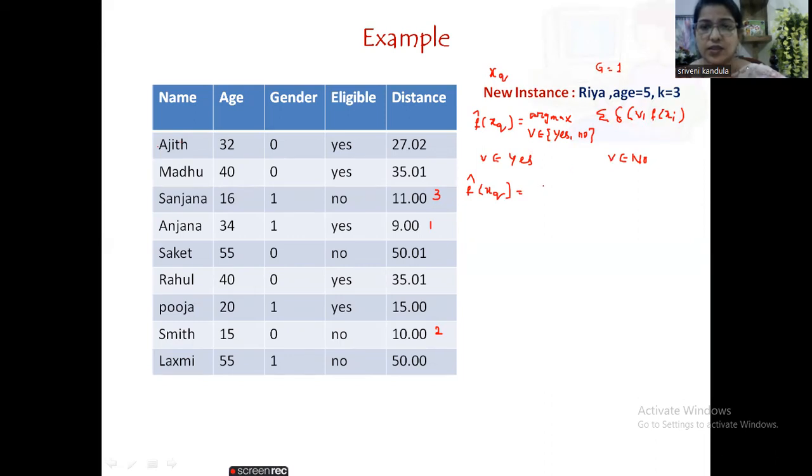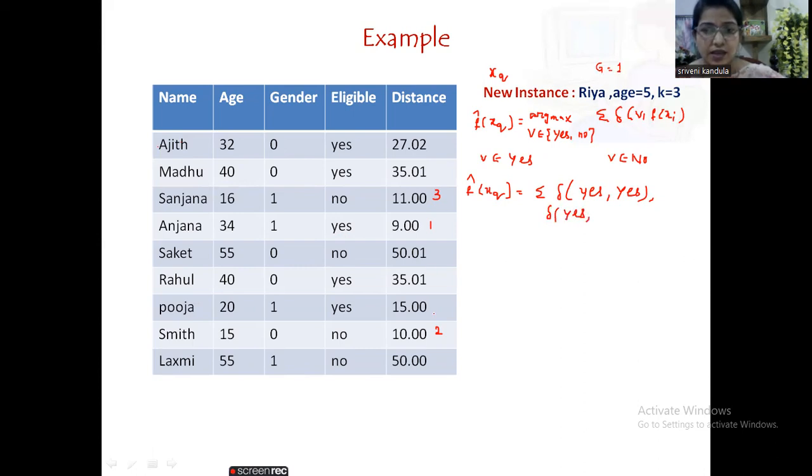That is once again summation of delta of V, where the V value that we are taking is yes. Then f of xi, the target label for the first nearest distance, is also yes, comma, delta of V where V is yes.